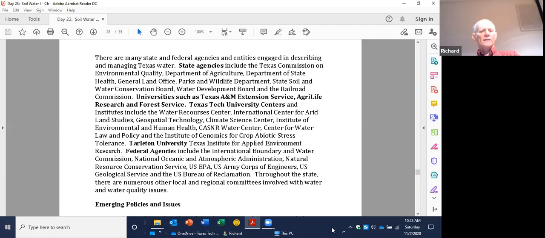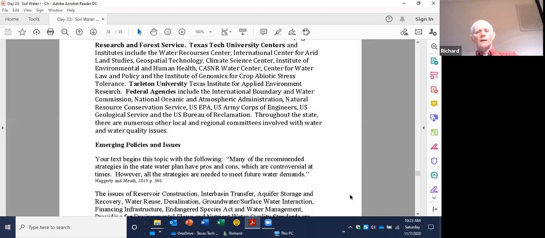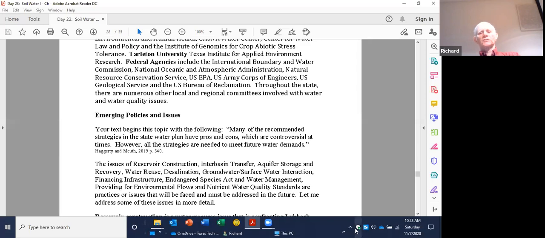We talk about emerging policy and issues. Your textbook starts off with a quote: Many of the recommended strategies in the state water plan have pros and cons, which are controversial at times. However, all strategies are needed to meet future water demands, unquote.